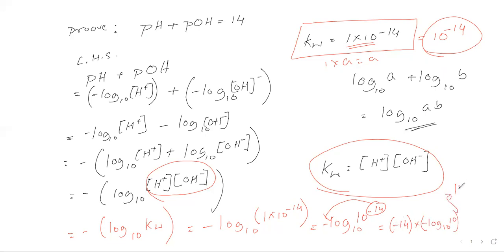We can write it as positive 14 times log base 10 of 10, as I have shown. If the base and the element are the same, that becomes 1, so we are left with just 14. So it's proved that the addition of pH and pOH is equivalent to 14.